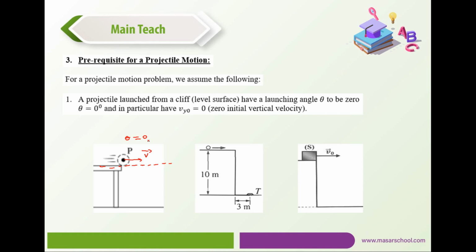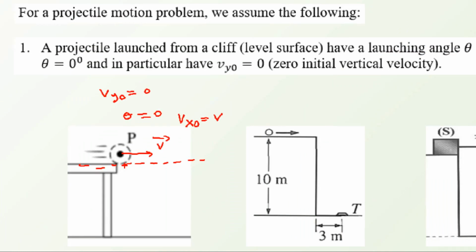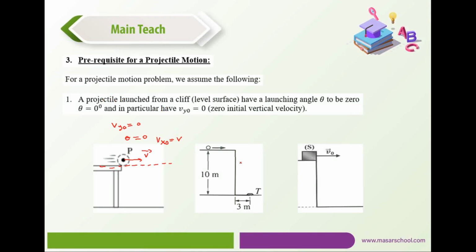So the launching angle is 0. More importantly, Vx0 would be equal to the magnitude of the total velocity, and Vy0 in this case would be 0, because the velocity vector at the launching point has no vertical component. Similarly here, let me repeat it again. We're launching the projectile from a building, which is a level surface.